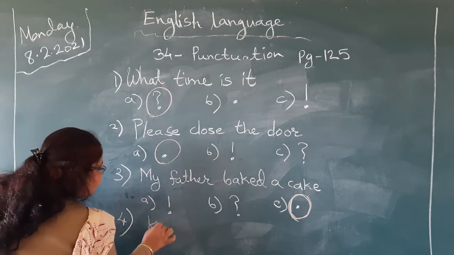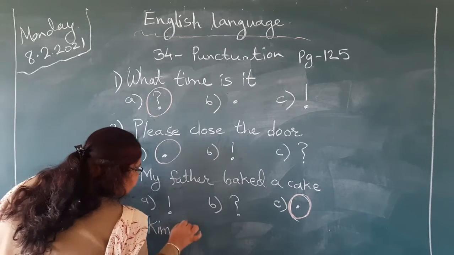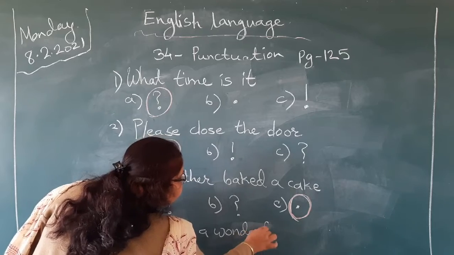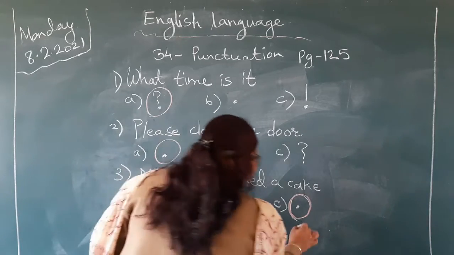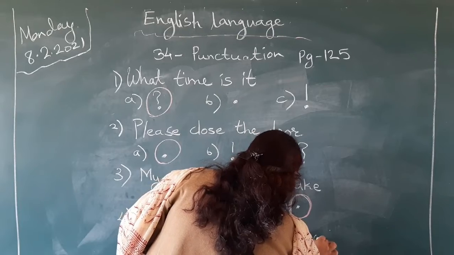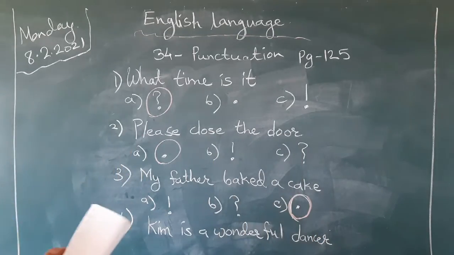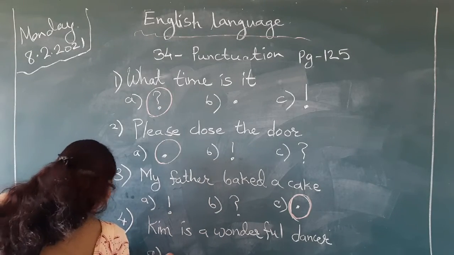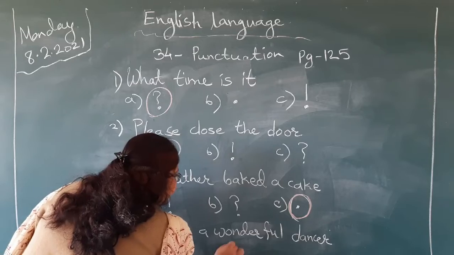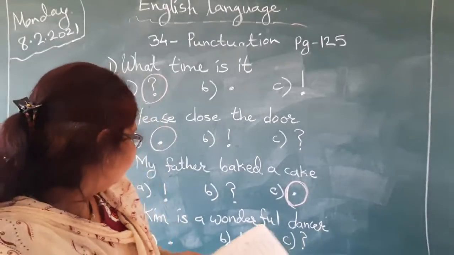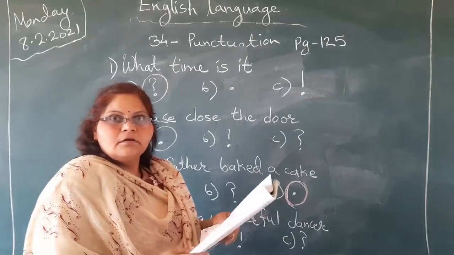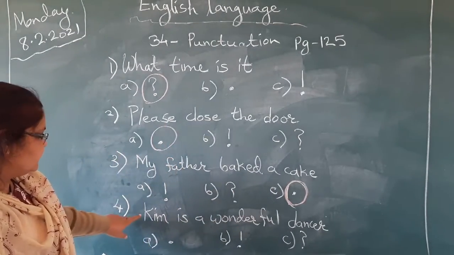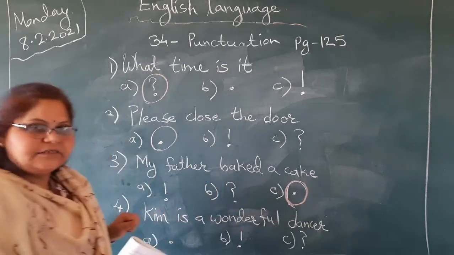Number 4. Kim is a wonderful dancer. See the word wonderful. So this is a sentence, and again there are options.